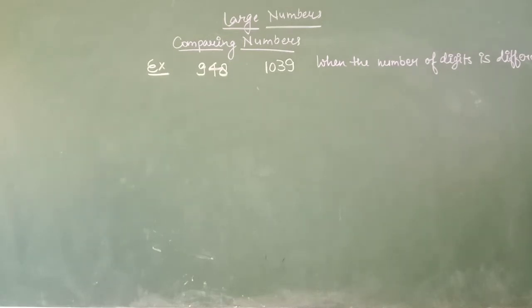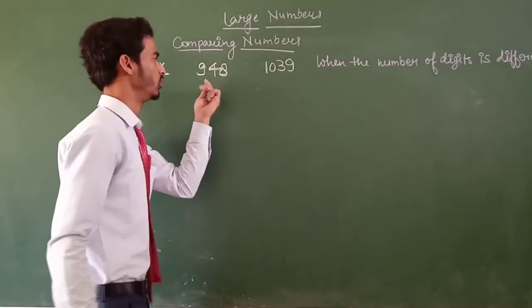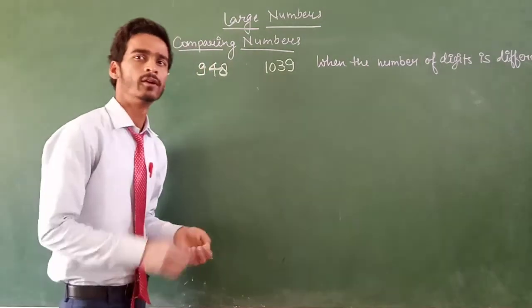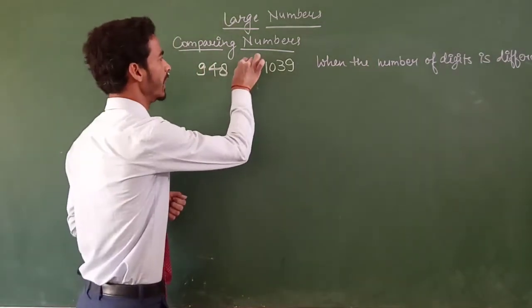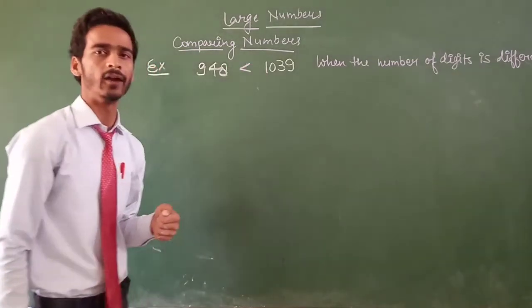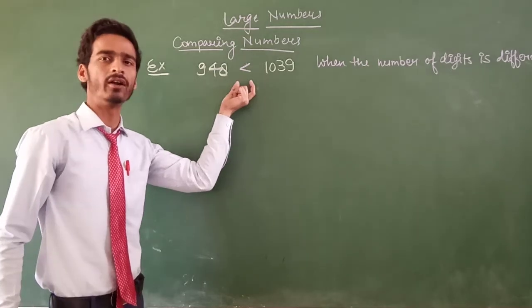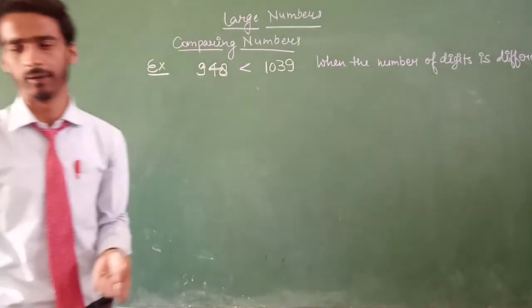So in 948 there are 3 digits, and in 1049 there are 4 digits. So 1049 is greater than 948. So we can say that 948 is smaller than 1049.